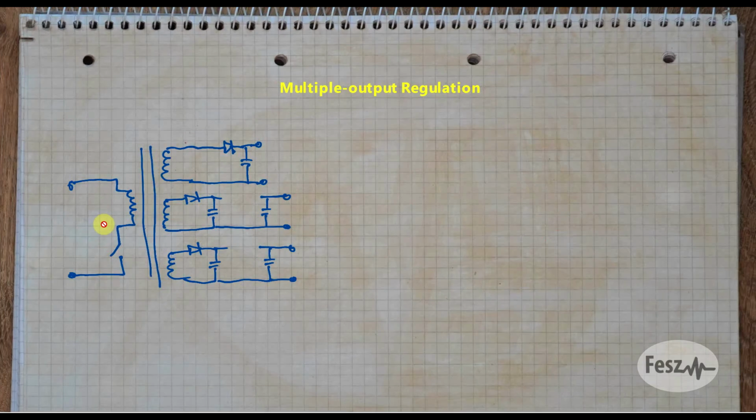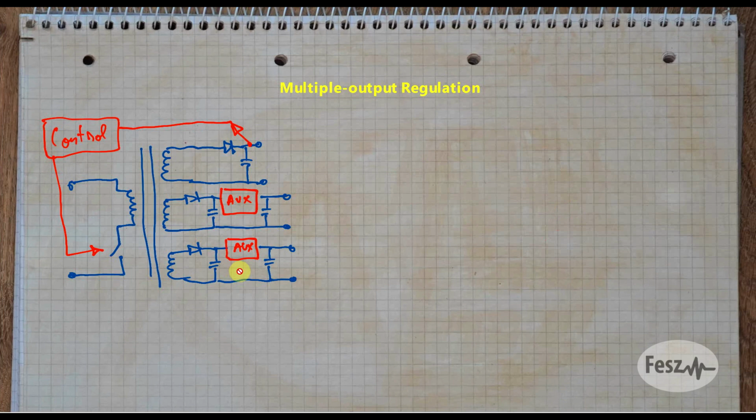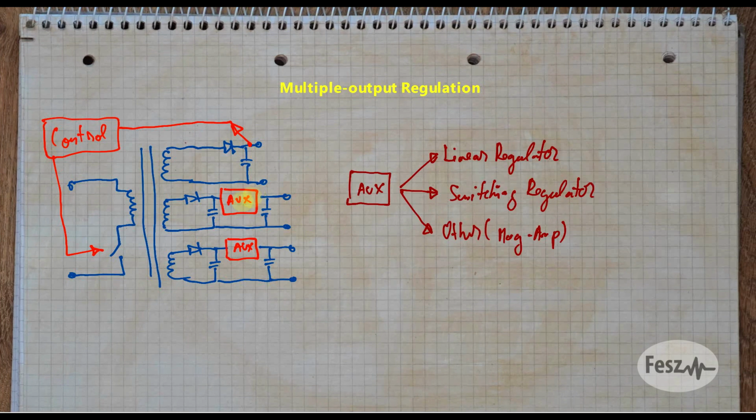So the way in which you would fix this, when you actually need it, is to add an extra voltage regulator on each of the unregulated lines. So one line will be kept in regulation by the control circuit, but every other line does need something else. Now, this specific regulator can be as simple as a basic linear regulator or a more complex and expensive switching regulator.